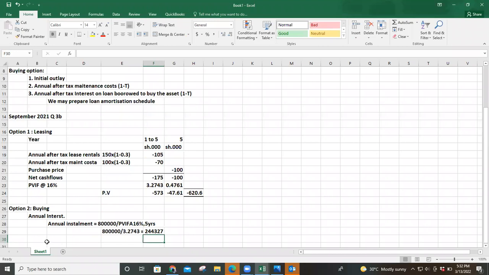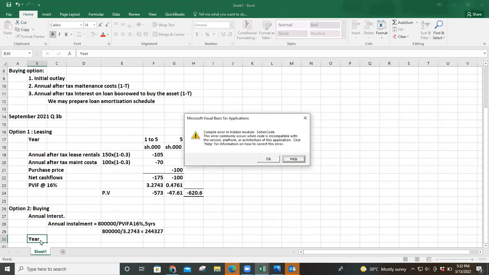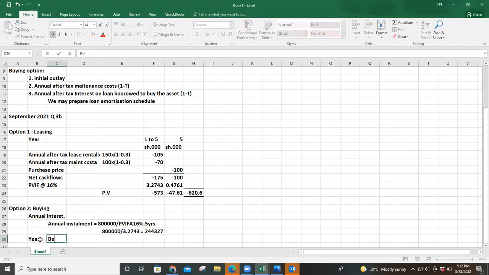So let's prepare the loan amortization schedule. We have the year, beginning balance, we have the installment. Installment is paying partially the interest, and partially we pay the principal. And finally, we have end balance.